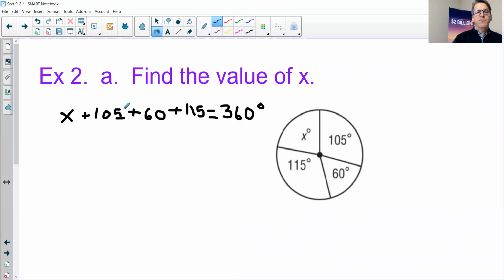So 105 plus 60 plus 115 is 280. So we have x plus 280 is equal to 360. By subtracting 280 from each side of the equation, you end up with x is equal to 80.